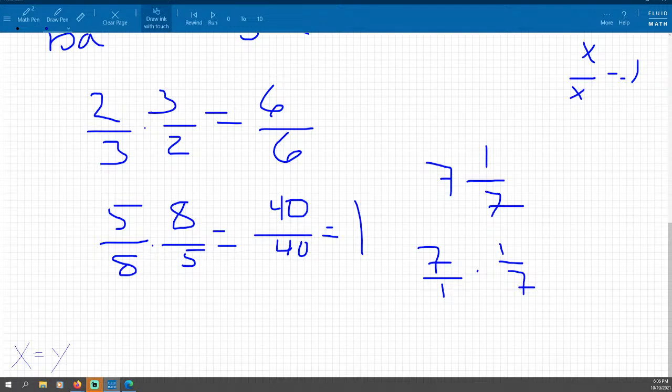So it doesn't matter what order you multiply in. A multiplied by B equals B multiplied by A. So when you take this fraction and you flip it over, you have the same multiplication problem on both sides. So you're always going to equal 1.